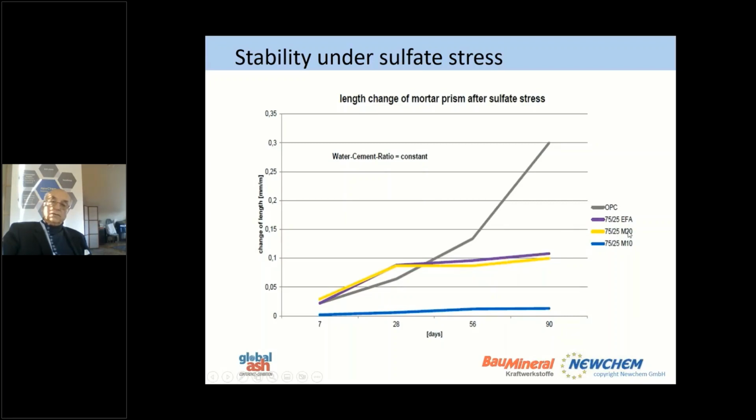With the Microsit 20, you're about the same. With the Microsit 10, because it is much smaller than the cement particle, you can see that you have a length change which is extremely low. So this is what we were looking for, and I'll bring you some examples later.